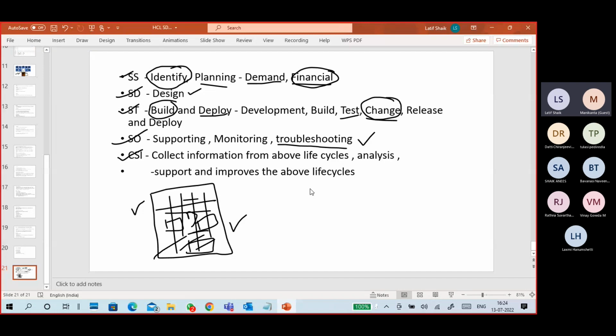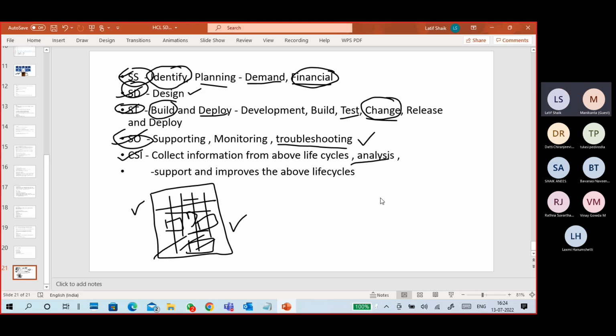These key issues are coming, right? So initially I design one application, it's working, but not always 100%, right? So when it's starting, you may get a few issues. Find out what the issues are here, management issues, monitoring issues. Manage the issues, monitor the issues, take information from each and every life cycle and analyze the information.